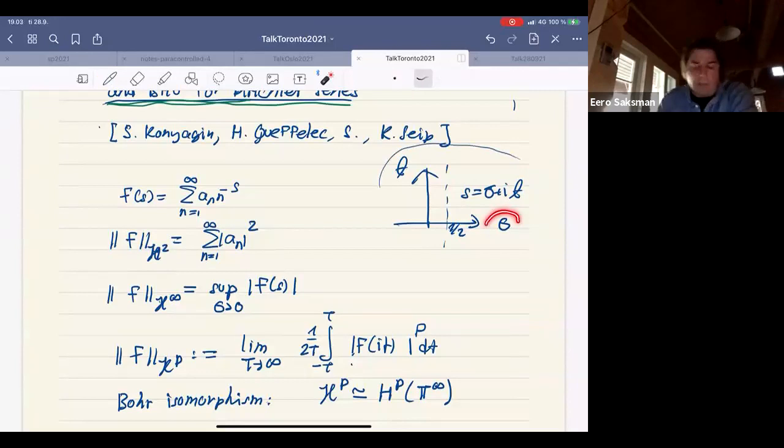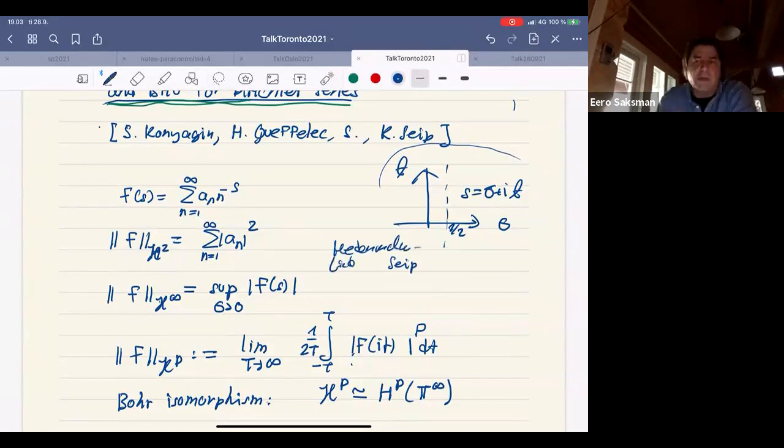And some years ago, actually more than 20 years ago, Hedenmalm, Lindqvist, and Seip defined a Hilbert space of Dirichlet series.